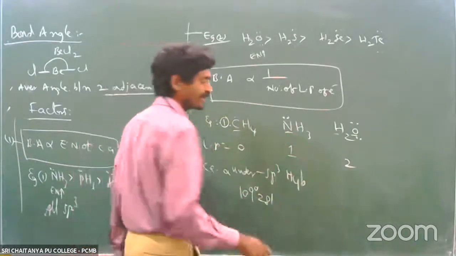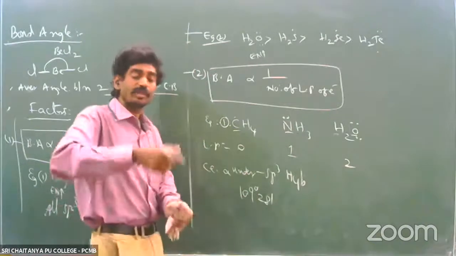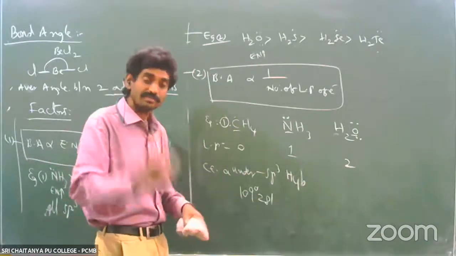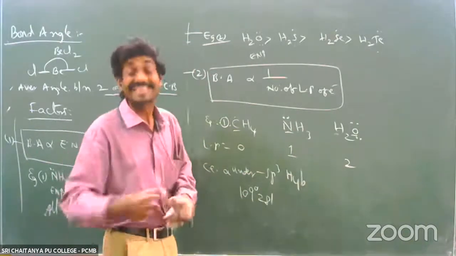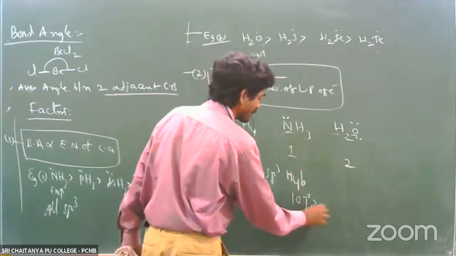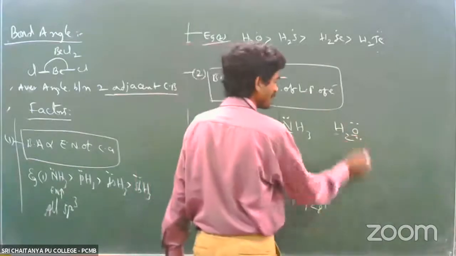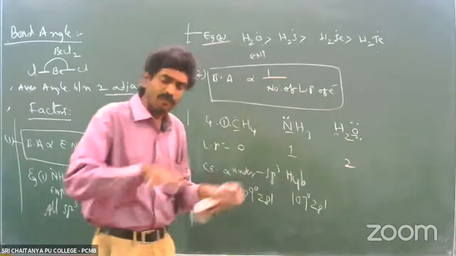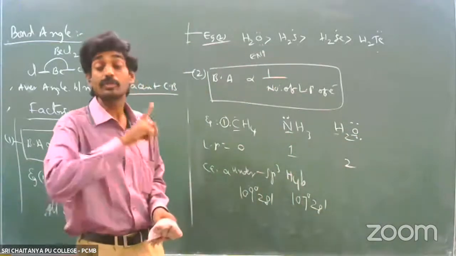But in the case of NH3, because one lone pair is there, this lone pair causes repulsion on the bond pairs. Because of that, the regular geometry is distorted, and the bond angle is 107 degrees 48 minutes. And here 2 lone pairs are there. Because the number of lone pairs increases, the bond angle decreases. That's it.